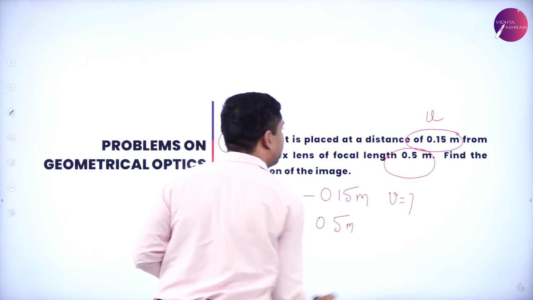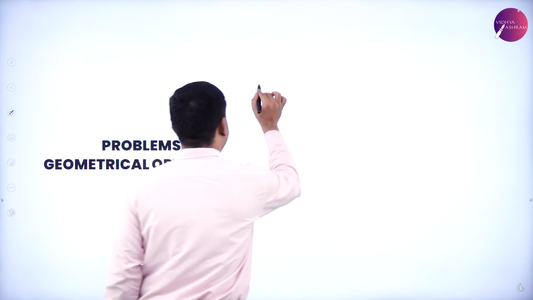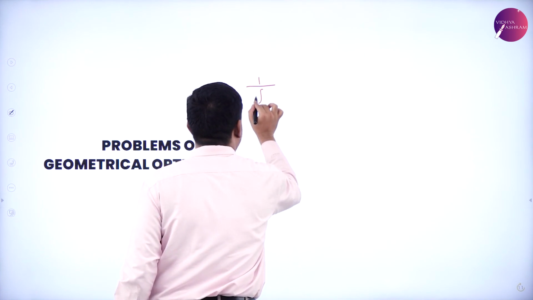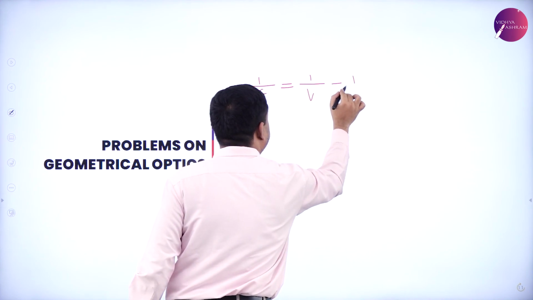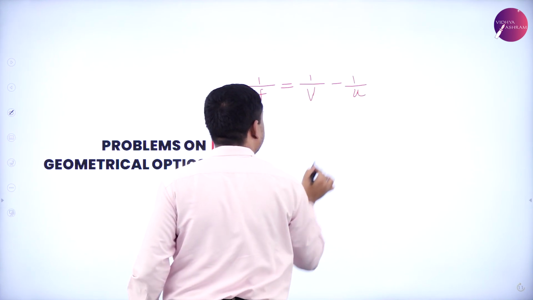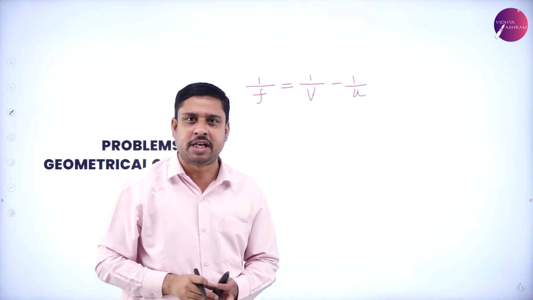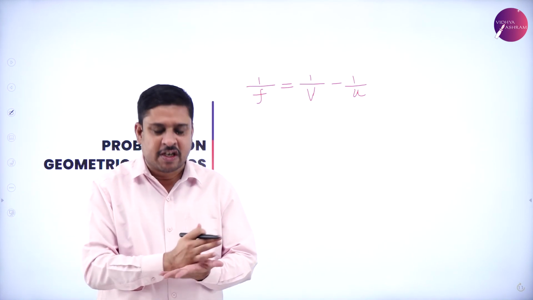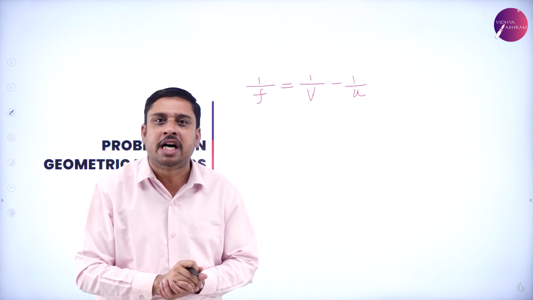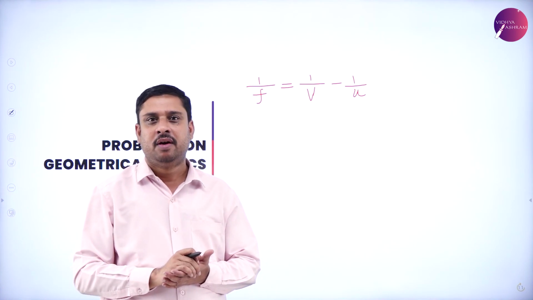V has to be calculated. It is a very simple relation: 1 by F equals 1 by V minus 1 by U. Use this relation. V turns out to be negative, which means it is a virtual image.